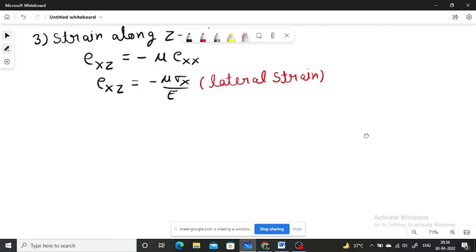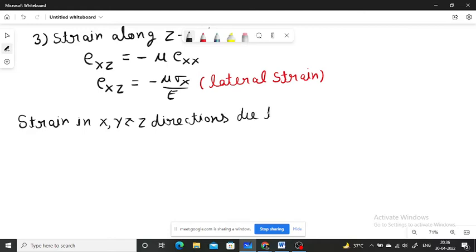Now strain in x, y and z directions due to the stress sigma y. Okay.